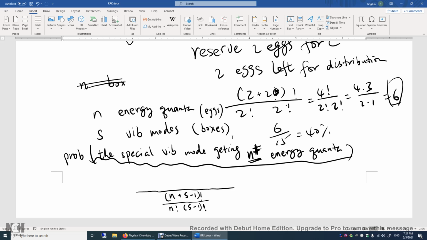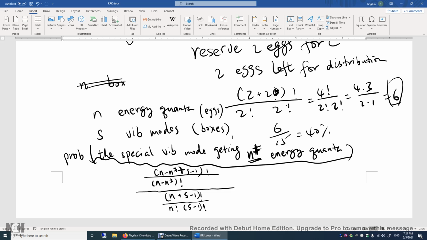And then on top, we'll have to replace this n with n minus n double dagger. All right, n minus n double dagger, and then plus s minus 1 factorial. Divided by, this is the plus sign. Sorry about my handwriting. On the bottom here, it's n minus n double dagger factorial.